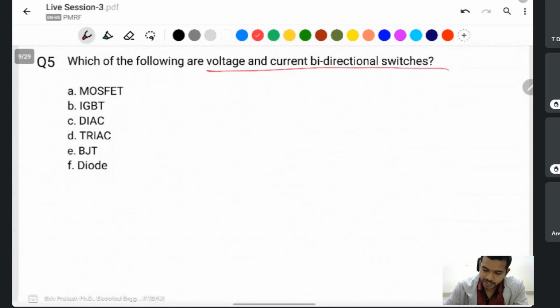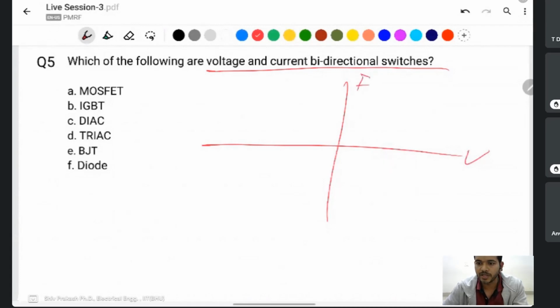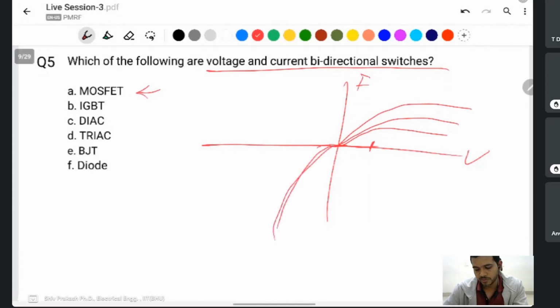A bidirectional switch means the voltage and current characteristic is the same in the positive and negative directions. The MOSFET is not the same in both directions. In a MOSFET, you block some voltages and provide the gate drive to get that characteristic, but in negative voltages the diode conducts and current flows like that only.